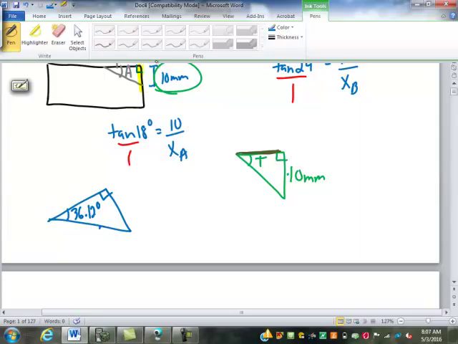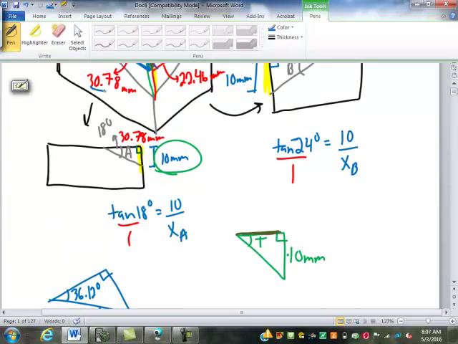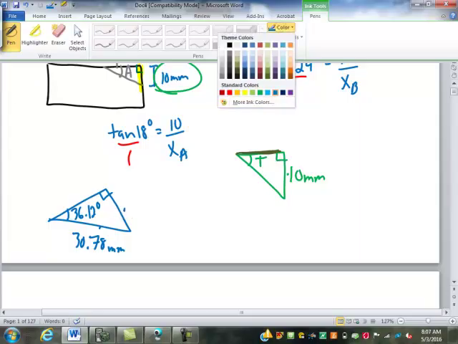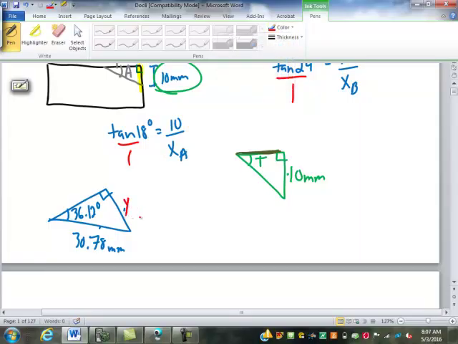This is just this side here with 30.78. And I need this side right here, so I'll call that Y for now. So this is going to be a sine, because I have the opposite and adjacent. Sine of 36.12 degrees equals Y over 30.78.